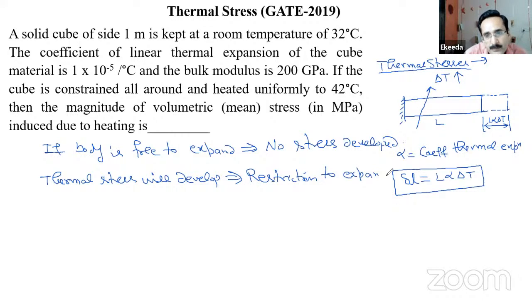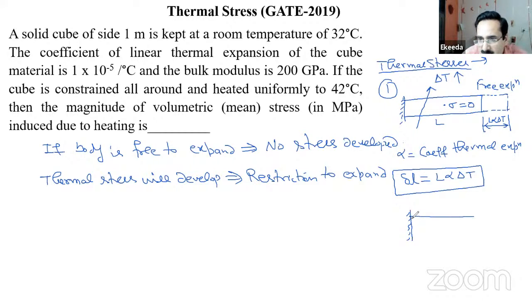That means when we do not let it expand, then thermal stresses will develop, otherwise thermal stresses will not develop. So when will thermal stresses develop? In this case, free expansion, the first case is free expansion. And there is no stress developed, right? So sigma is 0, no stress developed, right?